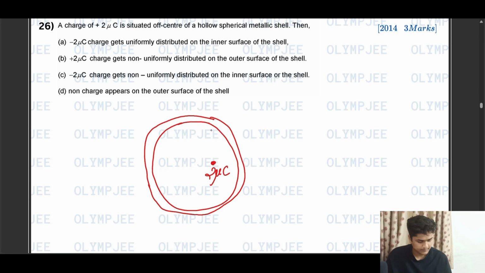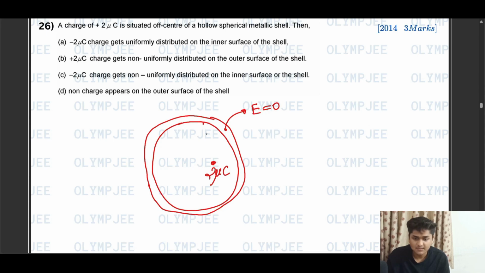So we know that the field inside the conductor should be equal to 0, right?